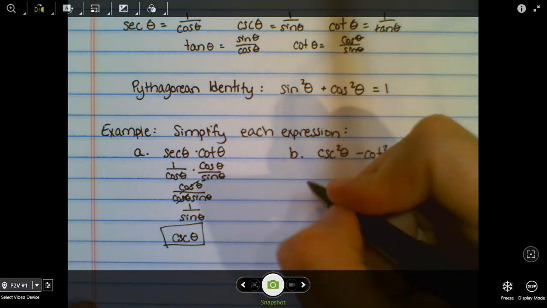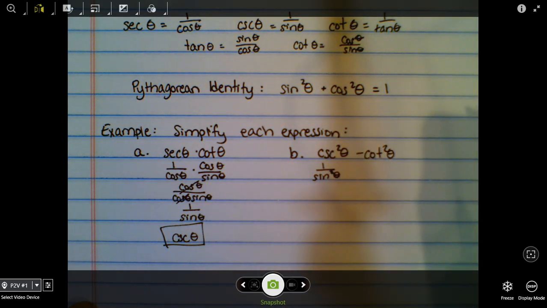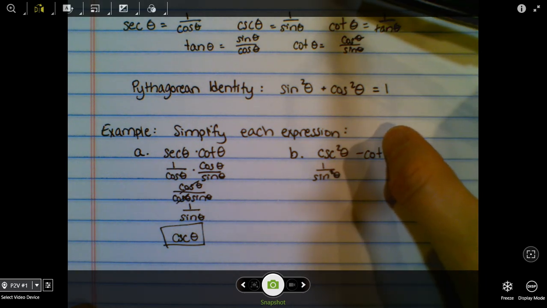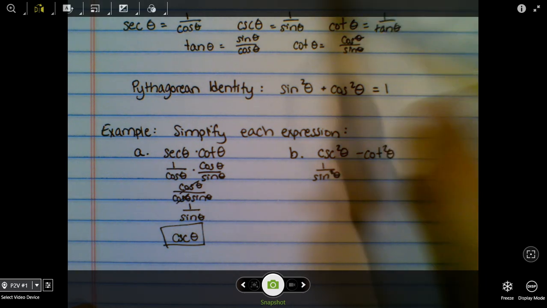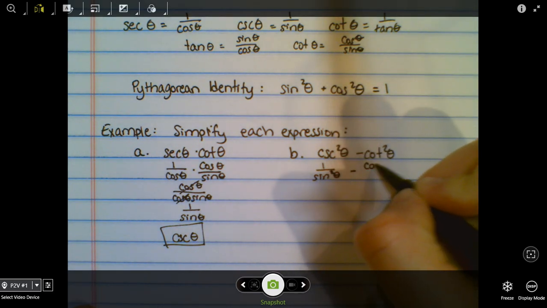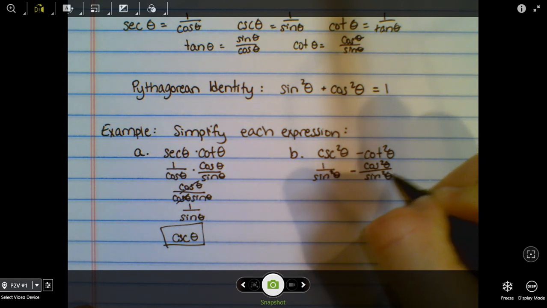Cosecant squared is 1 over sine squared. And then cotangent, again, if I didn't have that squared, cotangent's just cosine over sine. Since I have cotangent squared here, that's cosine squared over sine squared.